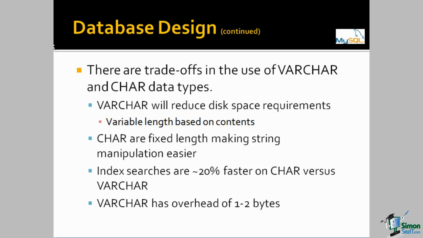Experiments have shown that index searches are about 20% faster on a char type versus a varchar type. So this again is very important to keep in mind, that a simple decision such as what type of data storage am I going to use for a string will significantly impact the performance of the database.